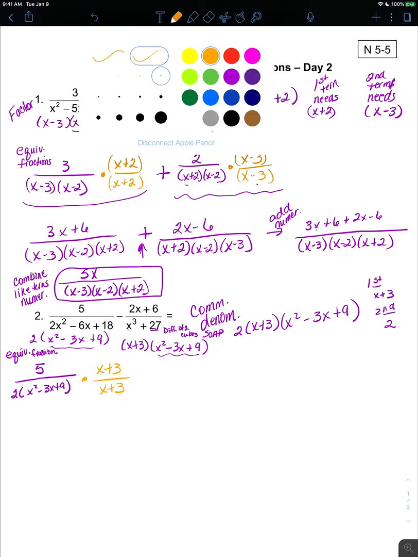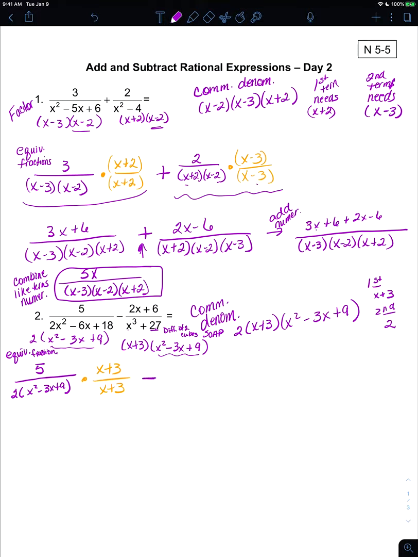Then we have a minus, so we've got to keep in mind that this is going to be a minus. Let's see, that 2x plus 6, well, let's go ahead and leave it at that for now, and then looks like we could factor that out. But let's see.